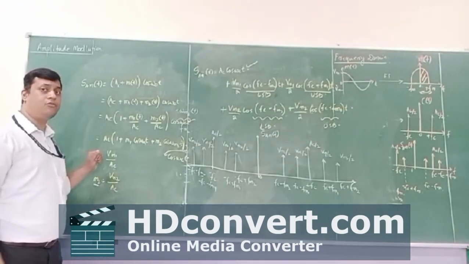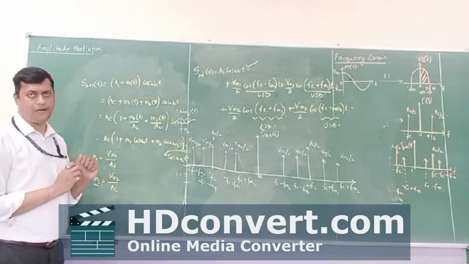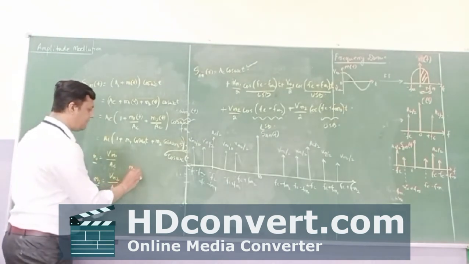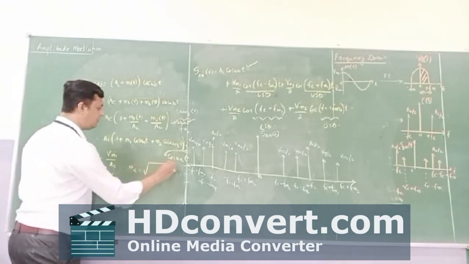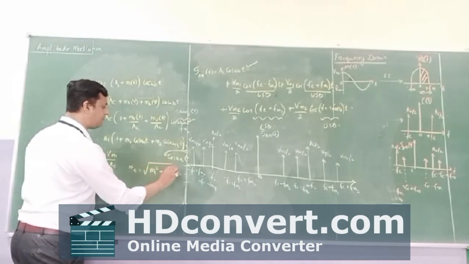But when I am going to modulate, only one modulation index we are going to find out. How? See. The net modulation index MA is equal to root over of m1 square plus m2 square.